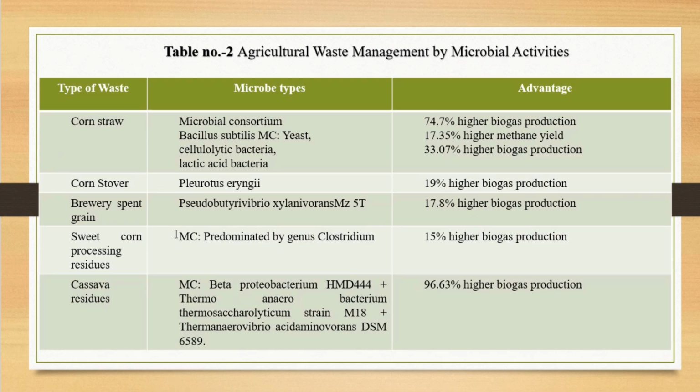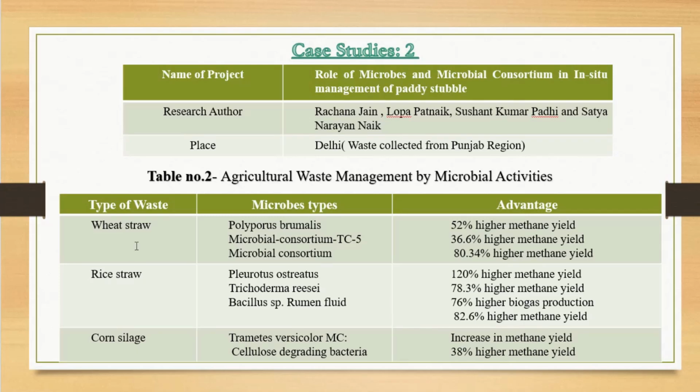They treated this type of waste with different types of microorganisms, like wheat straw treated with Polyporus brumalis and microbial consortium TC5, and they concluded their result: 52% higher methane yield when they treated the waste with this bacteria, and 36.6% higher methane yield when they treated the waste with the help of this bacteria.